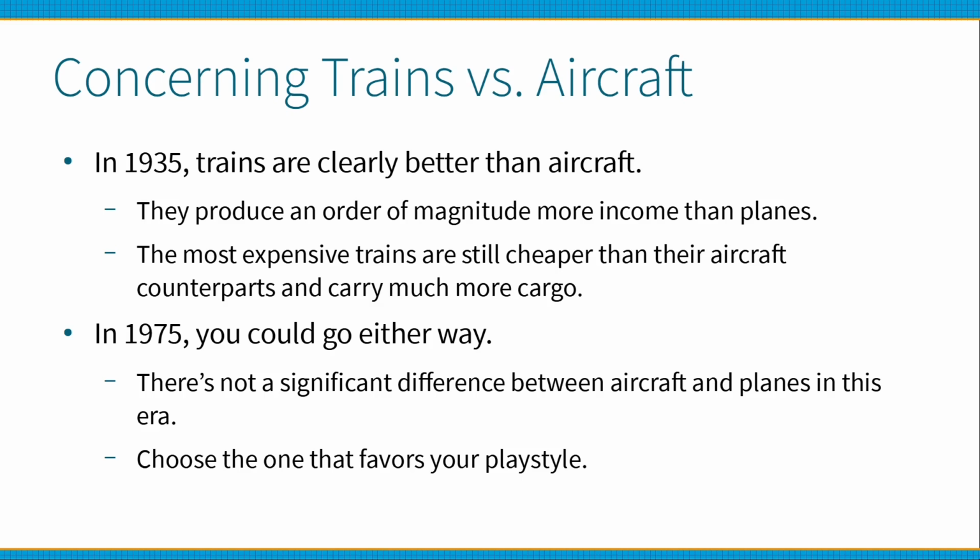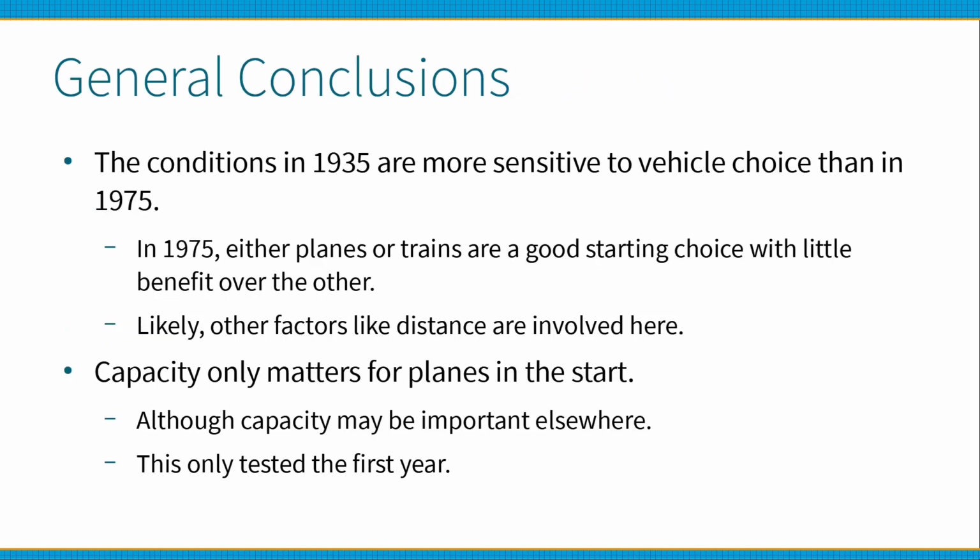In 1975, you actually have a little bit of leeway there. There's no real significant difference between them. And so you could choose the one that favors your play style and really not lose out on much.